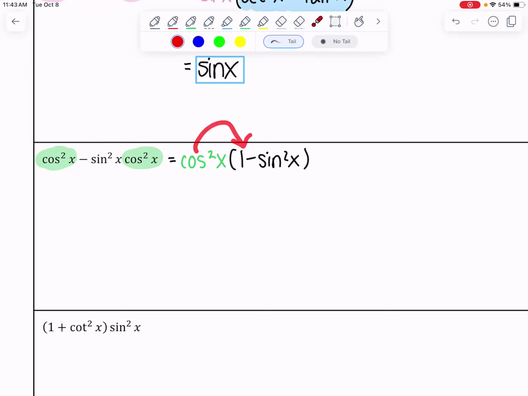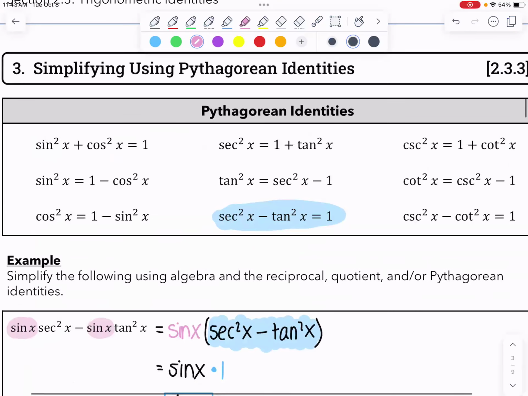If I distributed the cosine squared to both of these terms, I would have cosine squared times 1, which is cosine squared, minus cosine squared times sine squared, which I have right over here. All right, so I have cosine squared x times 1 minus sine squared x. This to me looks like something that I could potentially see on my Pythagorean identities table, right? 1 minus sine squared.